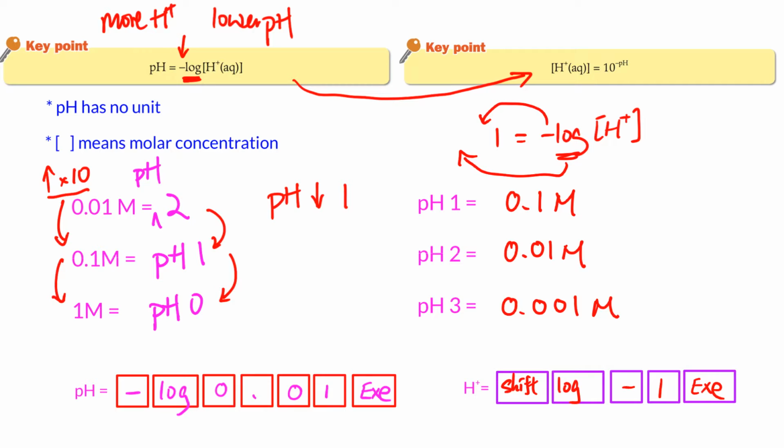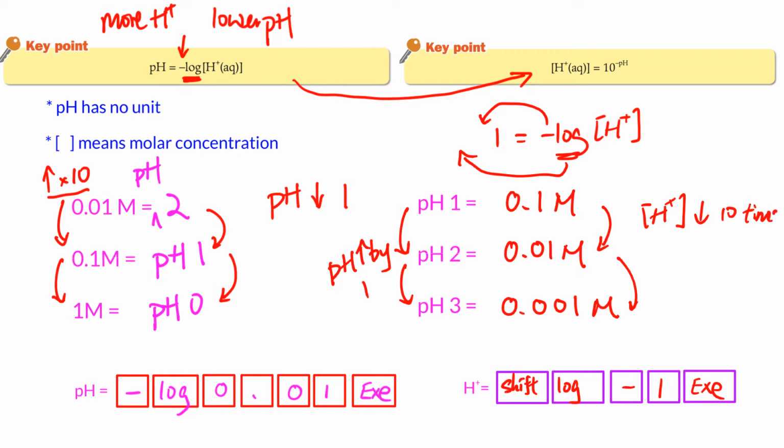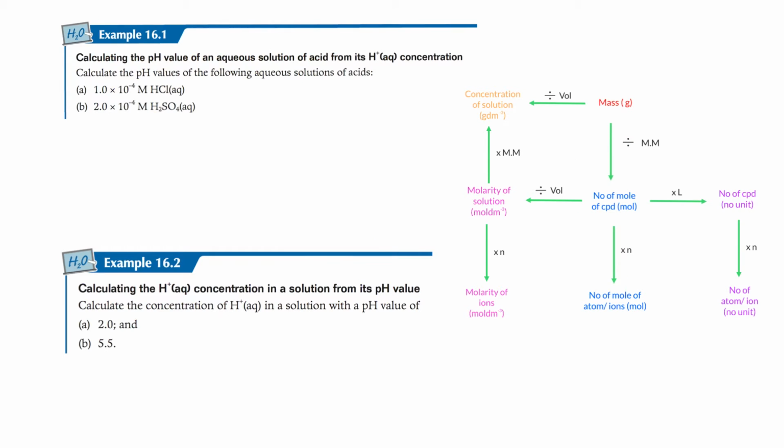So again, you can see that if the pH increased by 1, then the concentration of H plus will decrease 10 times. Basically you have to know how to calculate the pH when given a concentration of H plus, or vice versa. So let's have a look at some exercises.